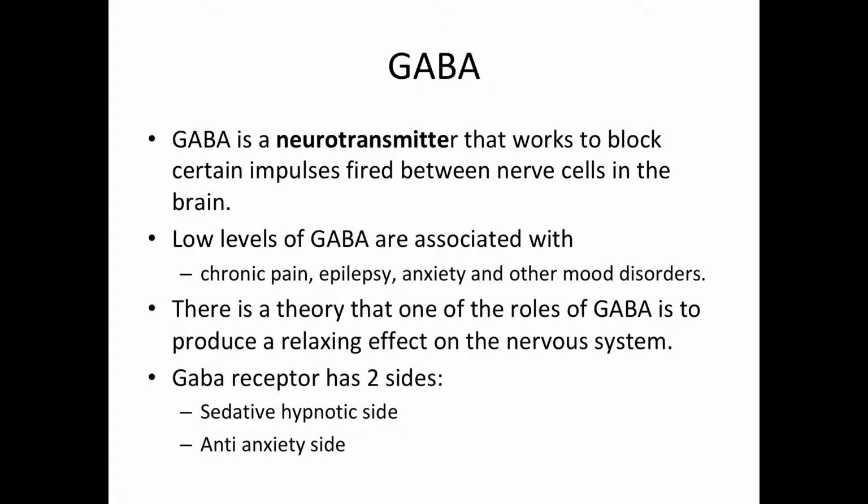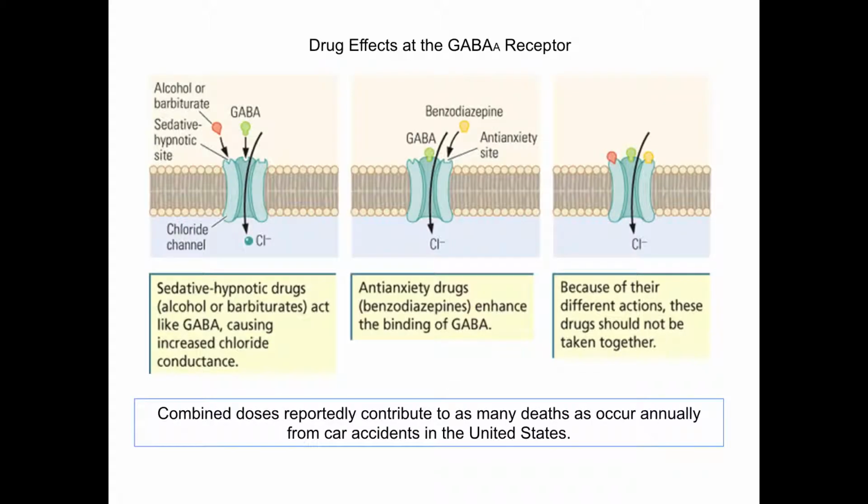Low levels of GABA, for example, are associated with chronic pain, epilepsy, anxiety, and other types of mood disorders. There's a theory that one of the roles of GABA is to produce a relaxing effect on the nervous system. So if you have a lot of GABA in your brain, it will give you a more relaxing effect. And a GABA receptor has two sides: a sedative hypnotic side and an anti-anxiety side. We're going to go over this in a little more detail in a later slide.